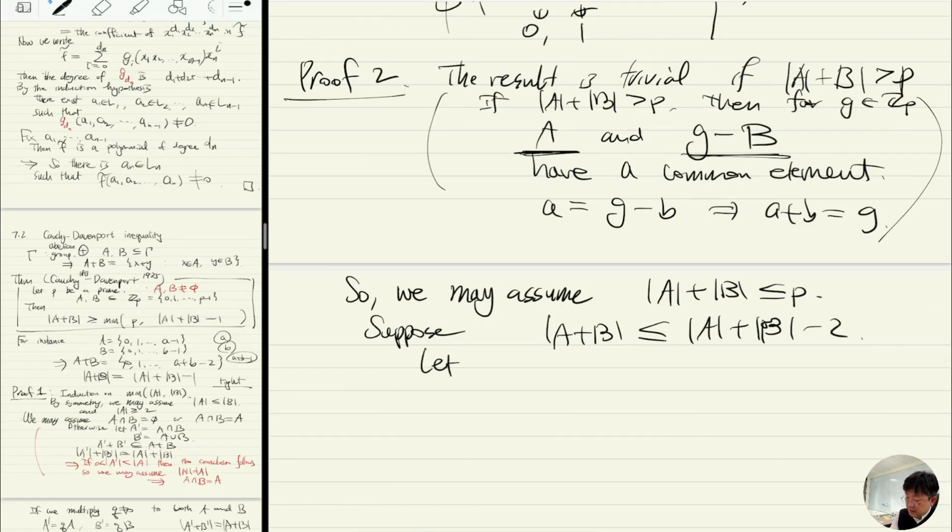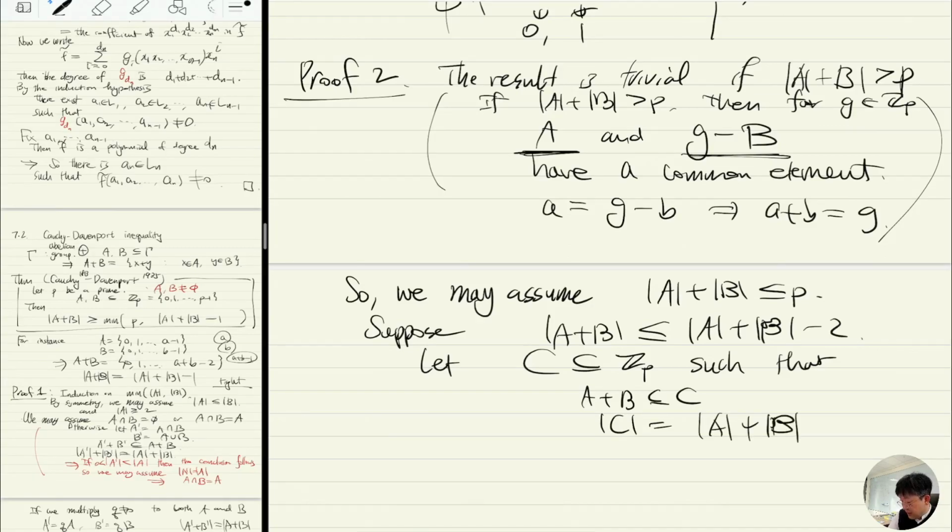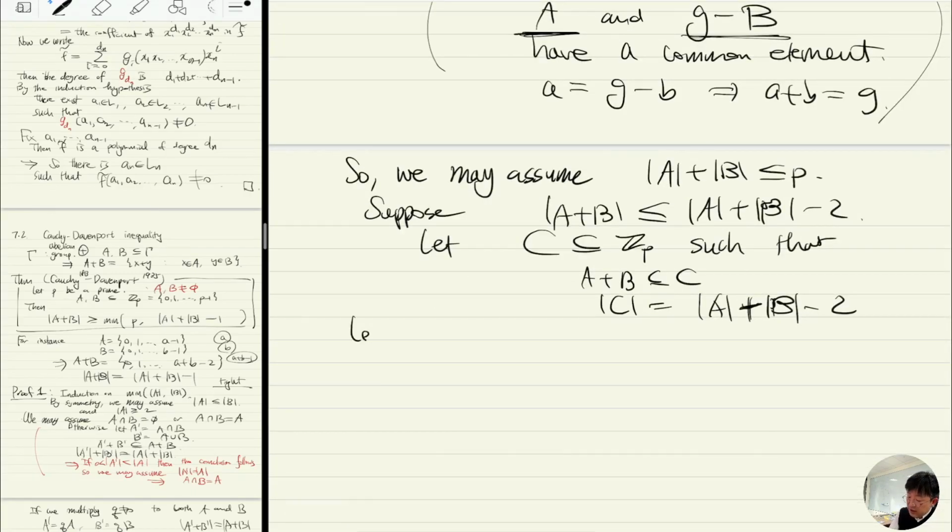So let C be a subset of Z_p such that C covers A plus B and the size of C is equal to |A| plus |B| minus 2. And now we're going to define a polynomial as a product of x plus y minus c, where c is in the set C.